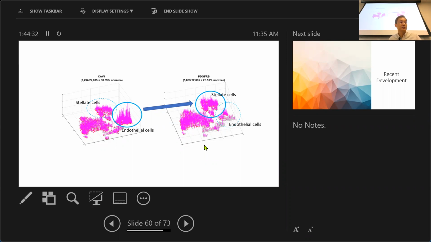Maybe we should develop a new method to not only use the average expression, but use additional information or distribution within the population of a particular cell type to build a better score. Okay.